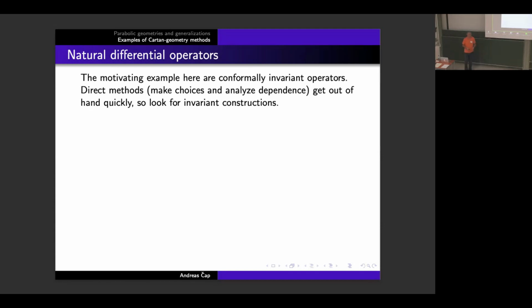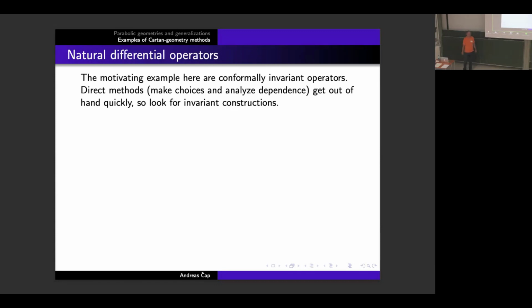The motivating example here, of course, is conformally invariant differential operators, which were viewed as a question of Riemannian geometry, because in Riemannian geometry, it's very easy to write out invariant operators since you have a Levi-Civita connection, and then you just check who remains unchanged under conformal rescalings. And it turns out if you do this in order 1, it's a nice exercise. If you do it in order 2, it's a very hard exercise. And if you try to do it in higher order, in that way, you get lost.